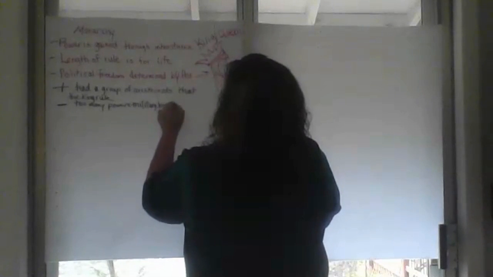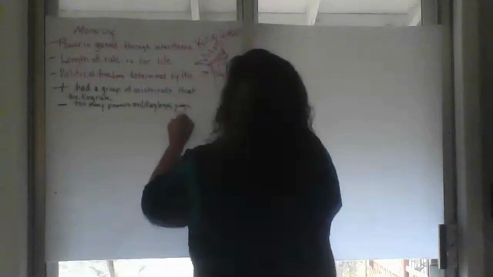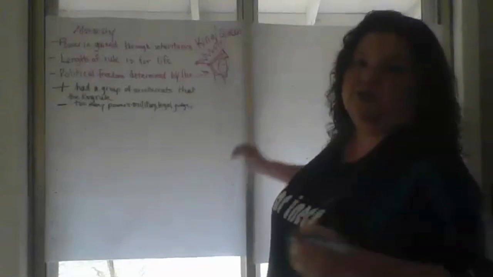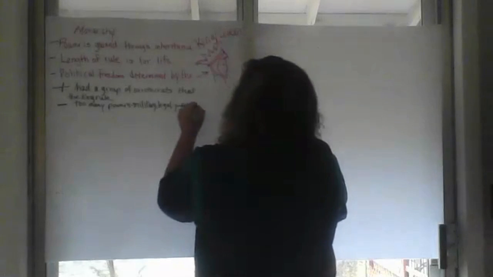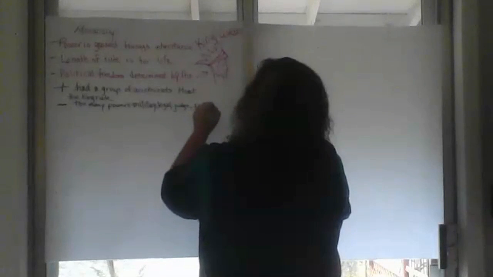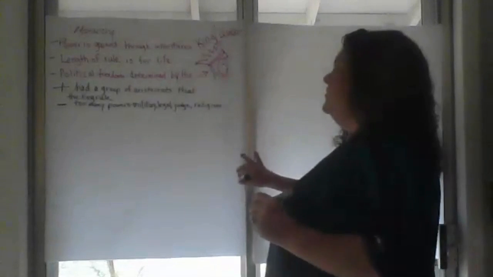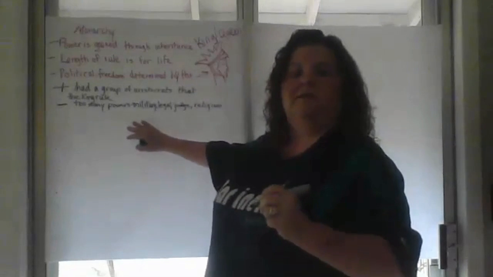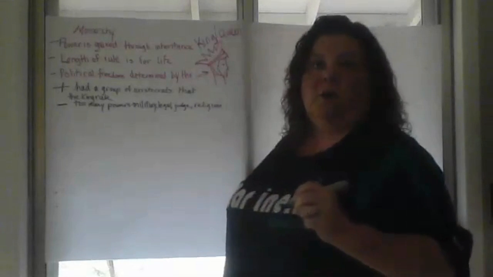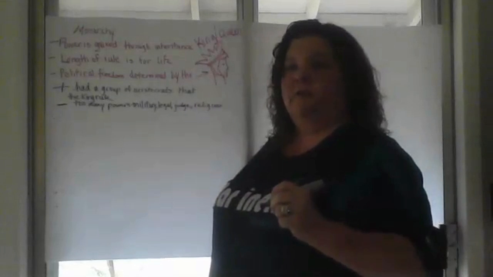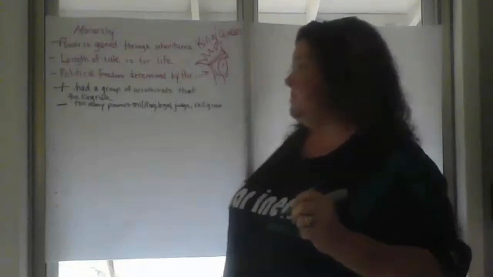He was also the judge. He made the laws. And he also was the head of the religion of the time. So you can see if one person was making decisions in all those areas, that was a lot of work. And it was a lot of power. He had a lot of say over people's lives.